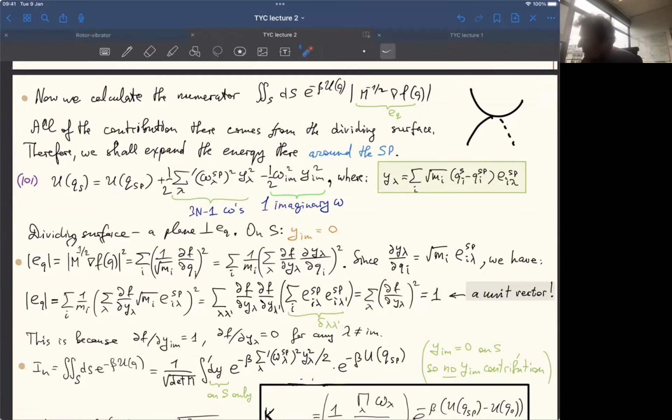So what should we do then? Here we can also use the harmonic approximation, but this time we will write this expression for the potential energy around that saddle point, which is called the transition state. It will contain the energy at that point plus quadratic terms associated with displacements out of this point, and there will be a few terms there.